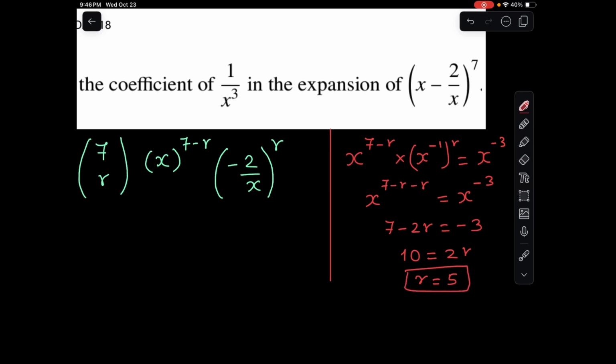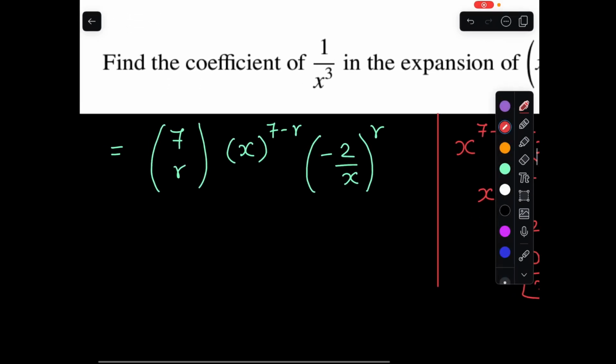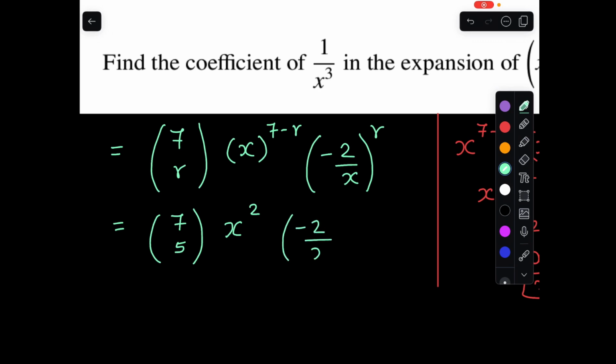Once you have calculated the value of r, come back here and substitute r as 5. So you're going to get 7c5 x to the power of 2 minus 2 over x to the power of 5. That gives me 7c5 is equal to 21x squared minus 32 over x to the 5th.